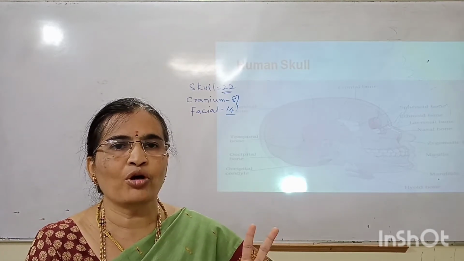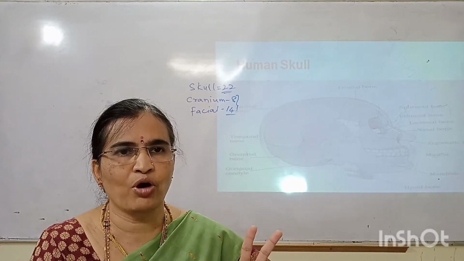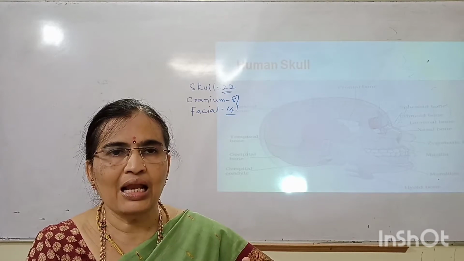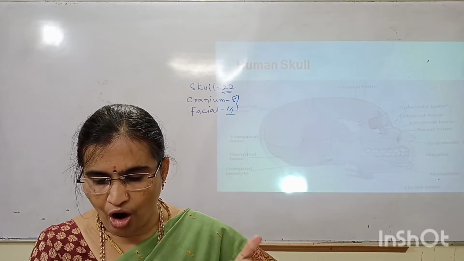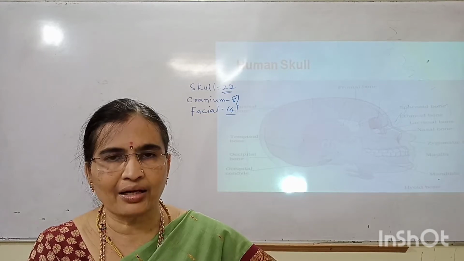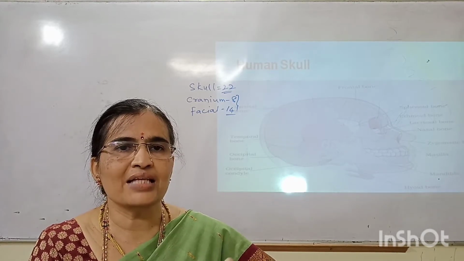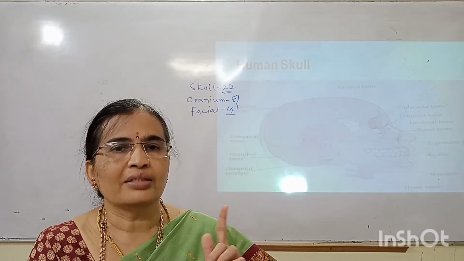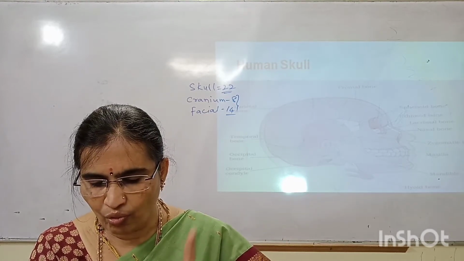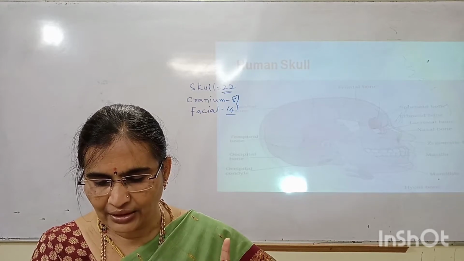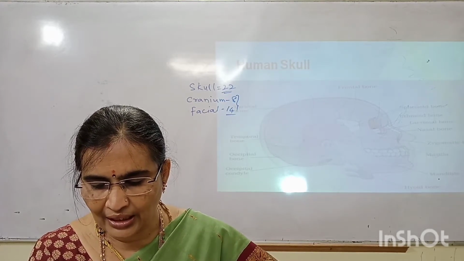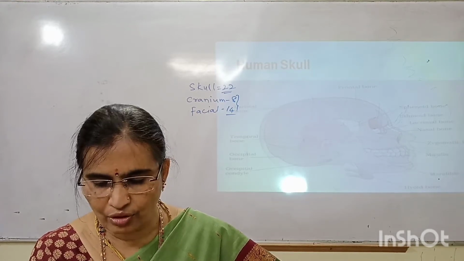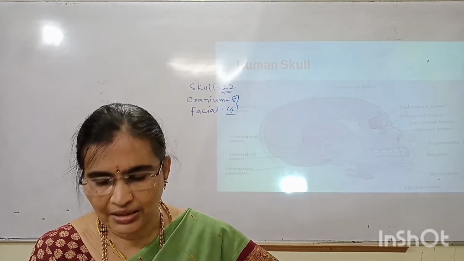The paired bones of the face are maxilla, palatine, nasal, zygomatic, concha and lacrimal. The single bones are the mandible and vomer. Try to remember the paired and unpaired bones of the face, as they may be asked in examinations.